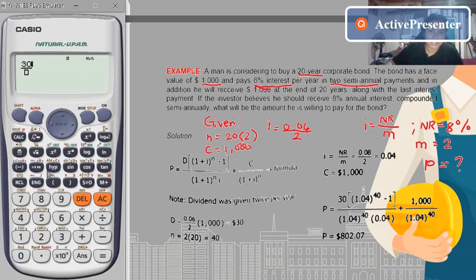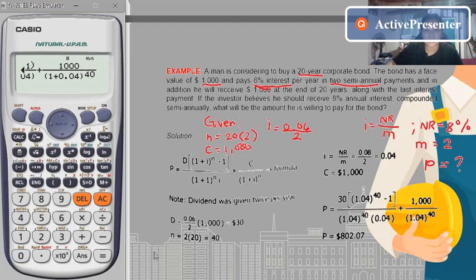Our dividend will be $30 multiplied by (1 plus 0.04 raised to 40, the number of periods since it is twice per year, minus 1), divided by (1 plus 0.04 raised to 40 multiplied by our I of 0.04), plus our C, the redemption value, 1,000, divided by 1 plus 0.04 raised to 40.